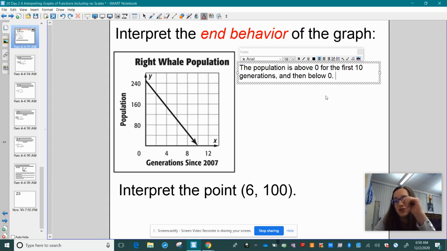I don't know if that's actually possible in this whale population. There's more. A negative population is not reasonable. Makes sense, right? We can't have negative amounts of whales.